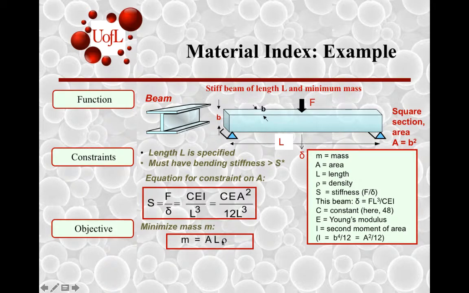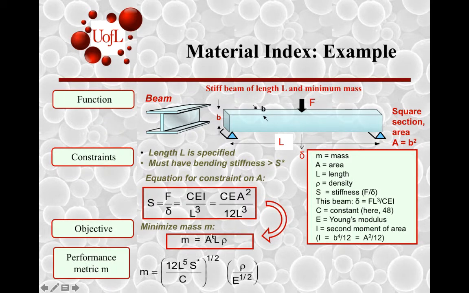If you multiply that by the density, you get a mass term. So if you now solve for A by rearranging this, you will be able to get the performance metric in this case.